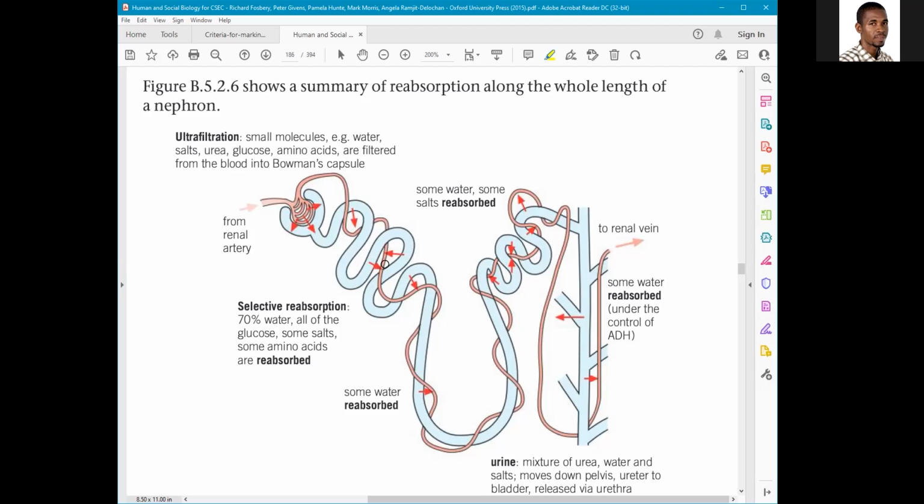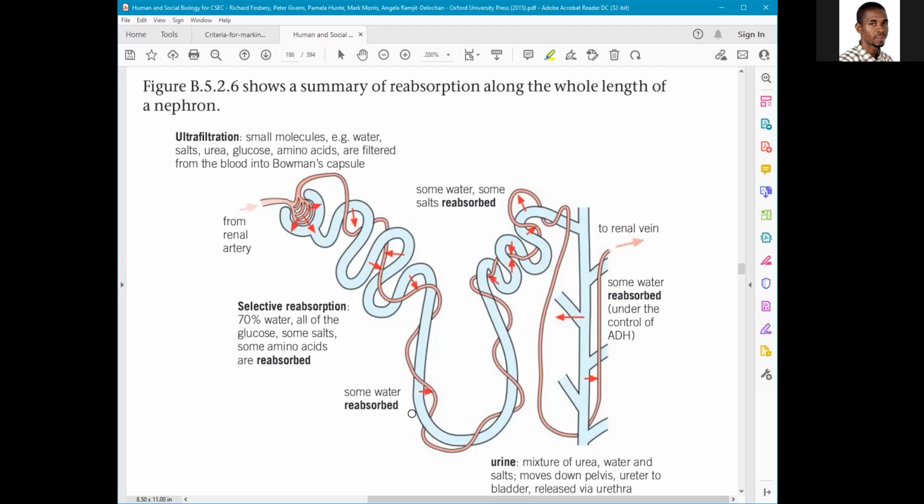Much of the mineral ions and salts that were filtered out are reabsorbed, but just the amount that is needed. So selective reabsorption: 70% of the water, all of the glucose, some of the salts, and some of the amino acids are reabsorbed. By this time, all the glucose should be back in. The body ain't playing around with that.